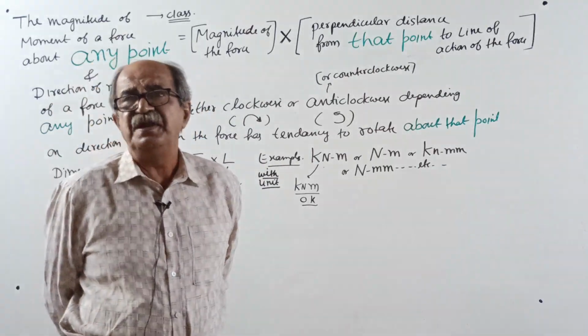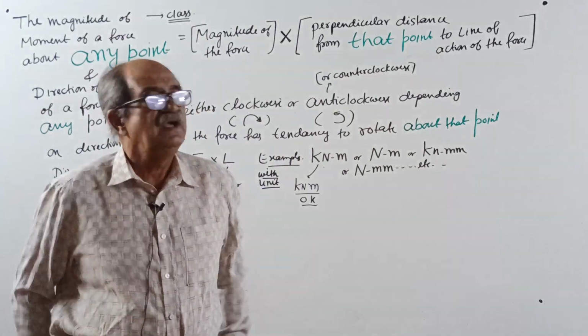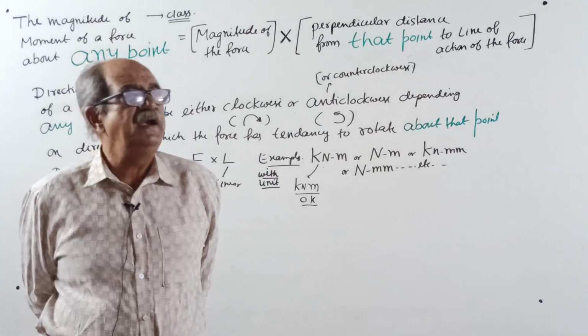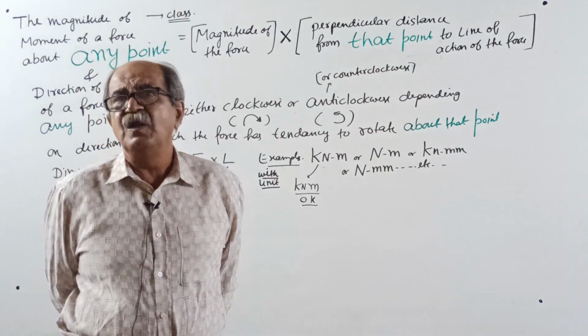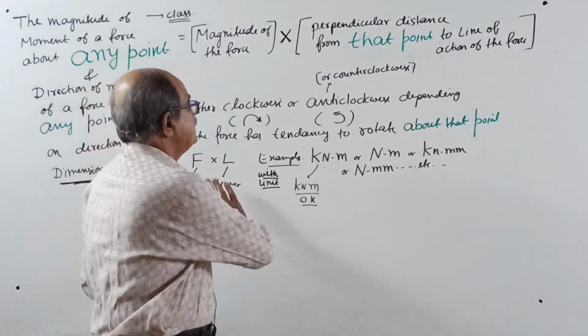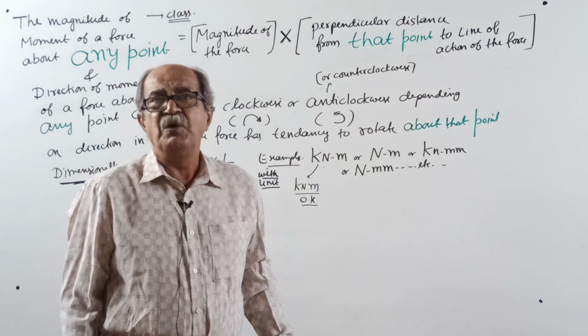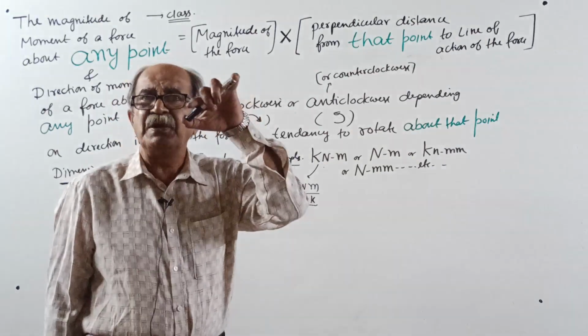Already last class we discussed the moment of a force. I will tell one more point. When you consider moment of a force, it is always about an axis. But for a coplanar force system, it is moment about an axis passing through a particular point.